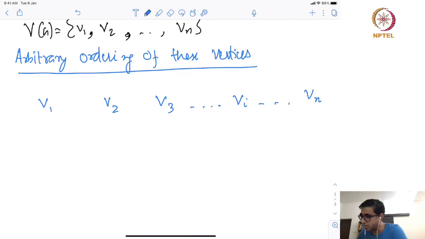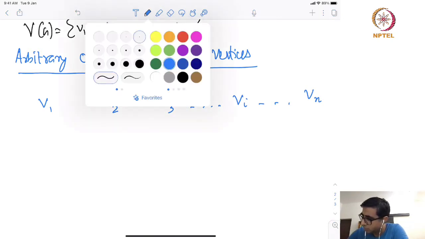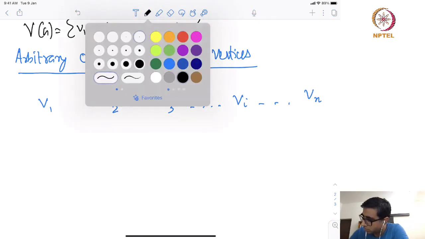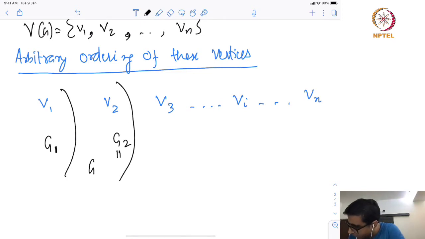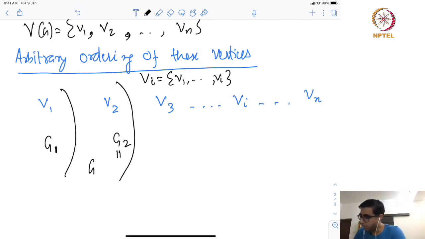I am going to call this graph G1, and this graph G2. Let us call the set Vi the first i vertices in this ordering. So, what is Gi?